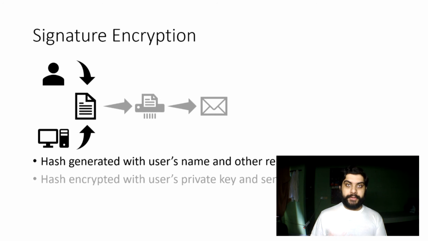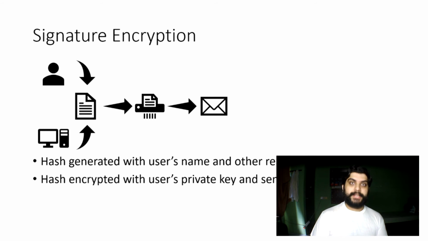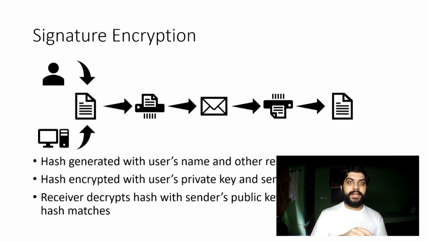The hash is then created and encrypted with the user's private key. This encrypted hash is sent to the recipient, and the recipient decrypts it using the user's public key.